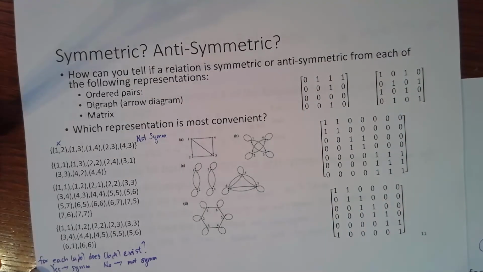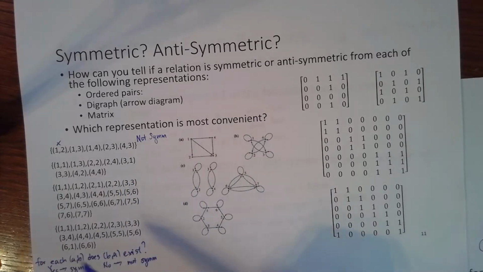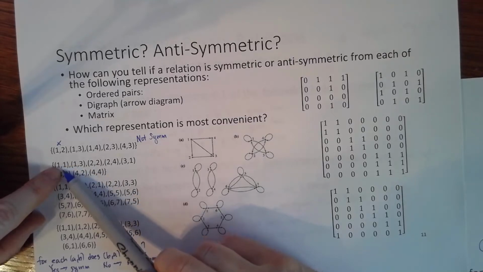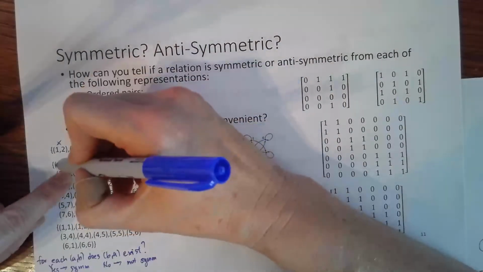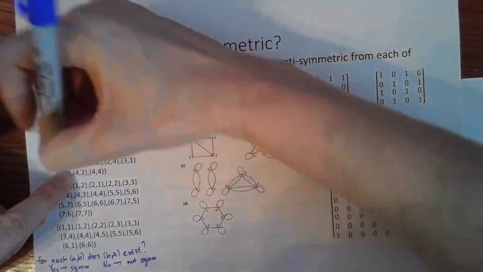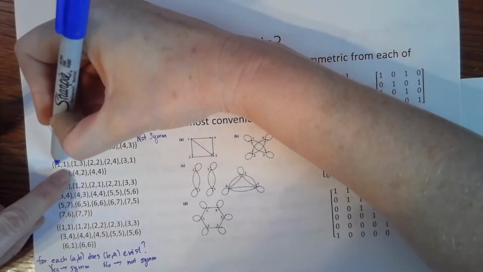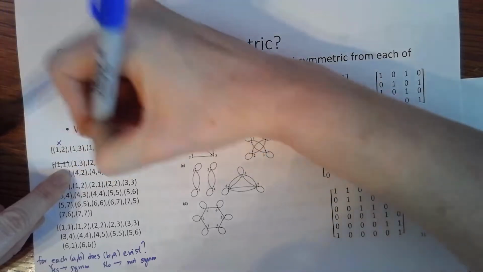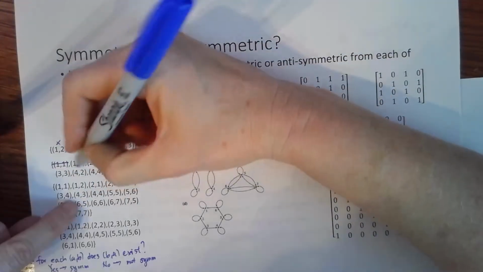Okay, if I go through this one, and of course we can just check, so 1 is related to 1, 1 is related to 1. Okay, but we can kind of take out the self-related ones.